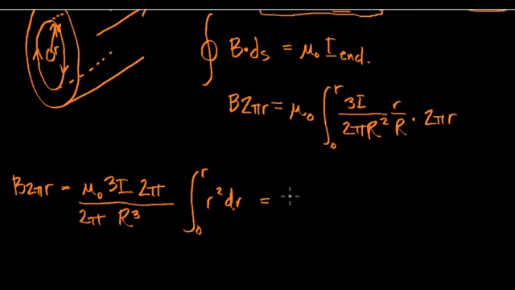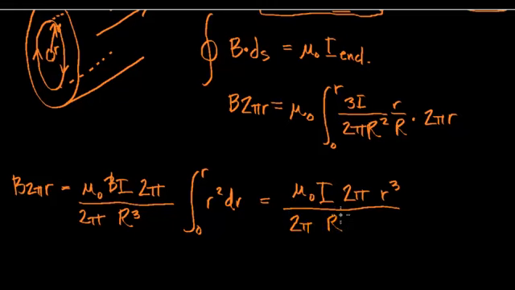And so I'm going to get mu sub naught, r to the third over 3 is going to cancel that 3. So this is going to become mu sub naught times I times 2 pi, times 2 pi r to the third over big R to the third, evaluated from r to 0, and that'll just stay the way it is.